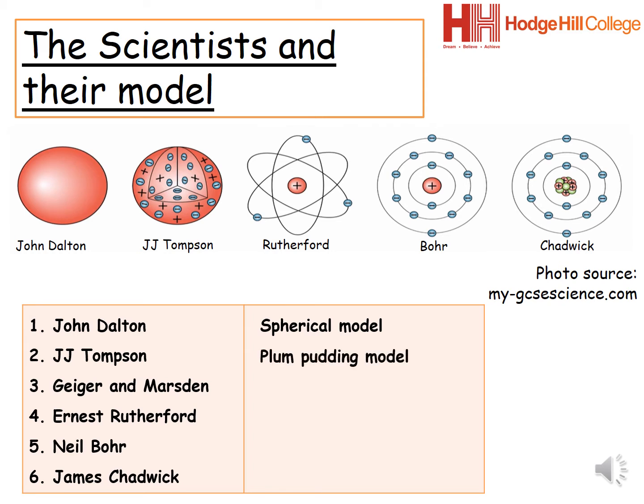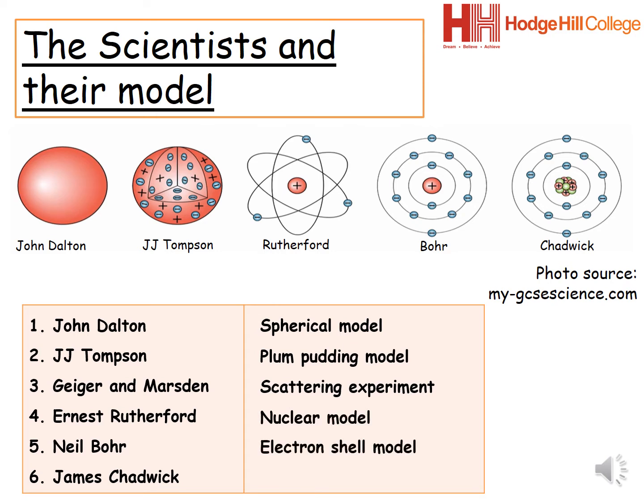There's Geiger and Marsden. They did not propose a model, however, they did the scattering experiment, and Ernest Rutherford used their results and developed his nuclear model. Then there's Niels Bohr, who came up with the electron shell model, and James Chadwick developed on this with his discovery of the neutron.